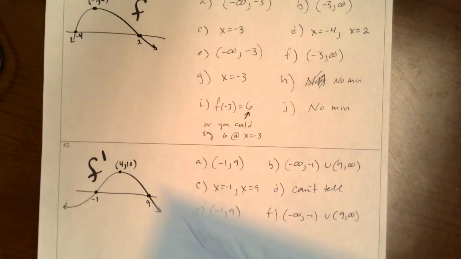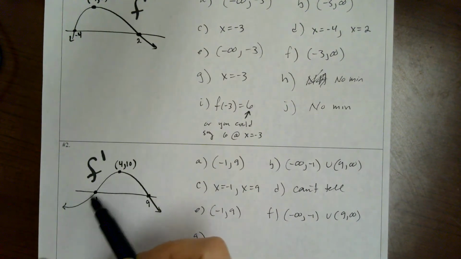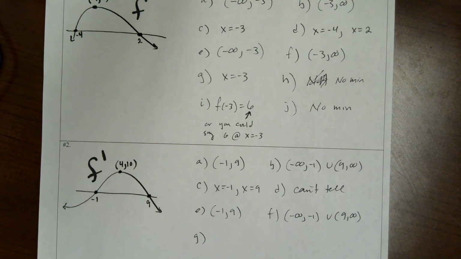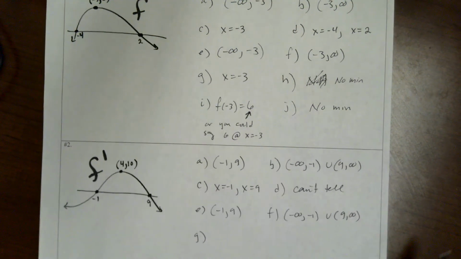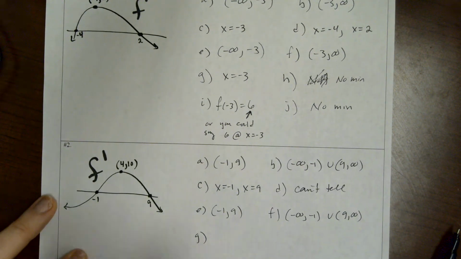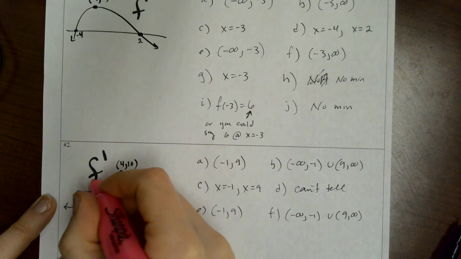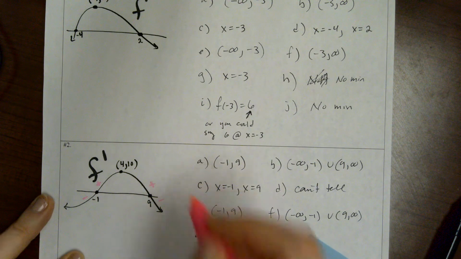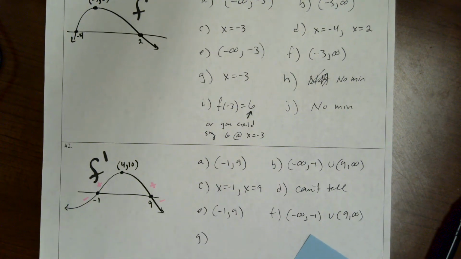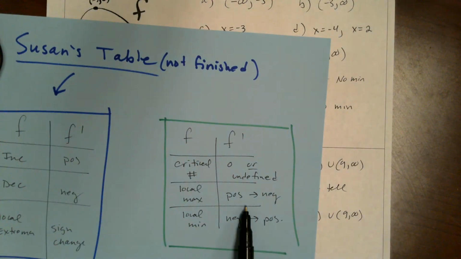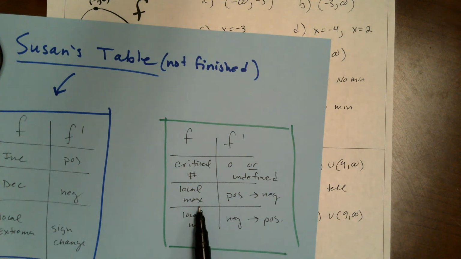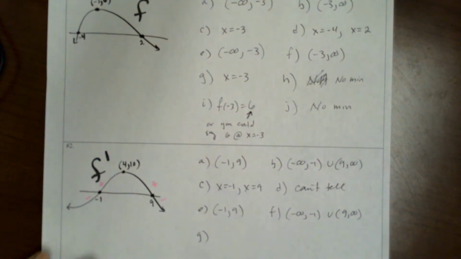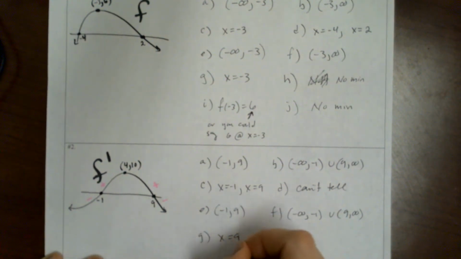I've got a sign change here and a sign change there. This sign change here is from negative to positive, and this sign change here is from positive to negative. So it's the positive to negative sign change on F prime that indicates a local max on F. So at x equals 9.